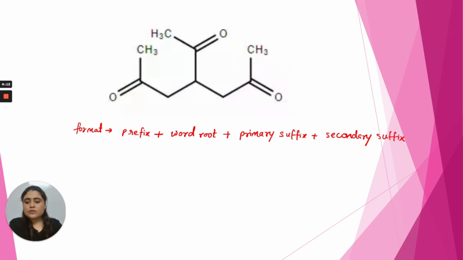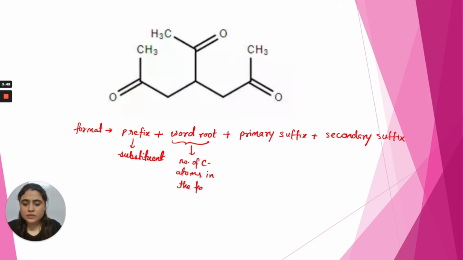So in this format: prefix plus word root plus primary suffix plus secondary suffix. Prefix denotes the substituent. Word root represents the number of carbon atoms in the parent chain.